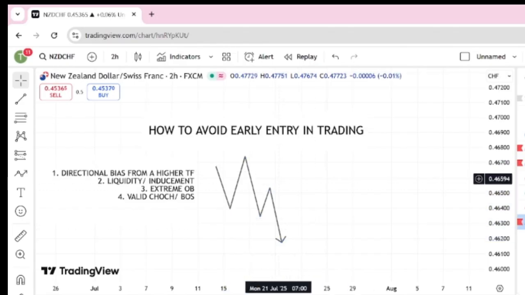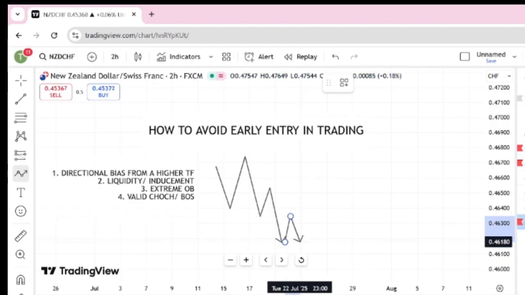Now you have another price action this way. Price pulls up, giving you an internal change of character at this point, and within this time price is trading to the upside.